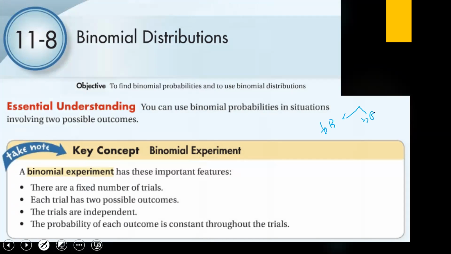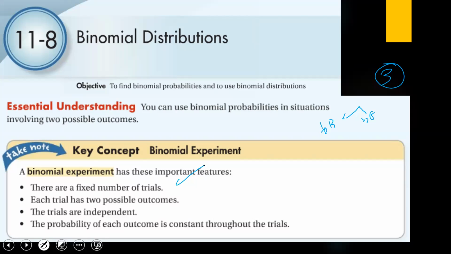First, I decide to have 3 babies, so I have a fixed number of trials. This is the first feature. The second one, each trial has only 2 possible outcomes. It could be boy or girl. The third one, they are independent.